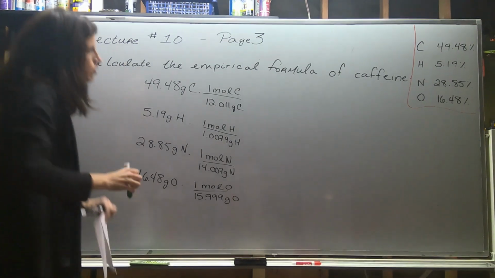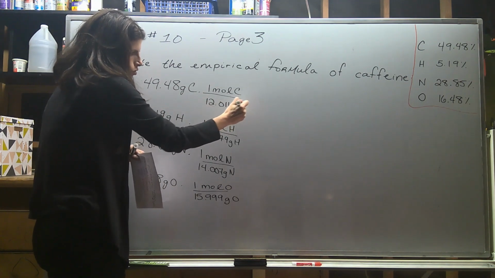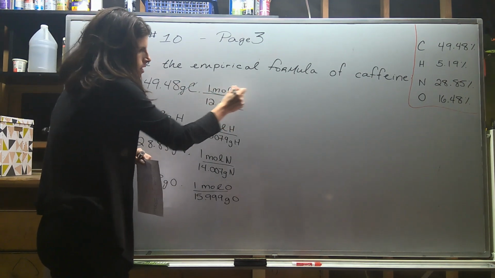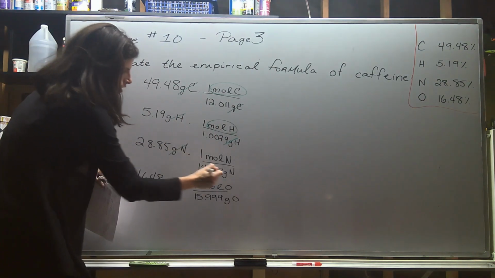So looking at how the units cancel, I put the molar mass on the bottom, so grams is going to cancel grams, and then I'm just left with the moles of each element.